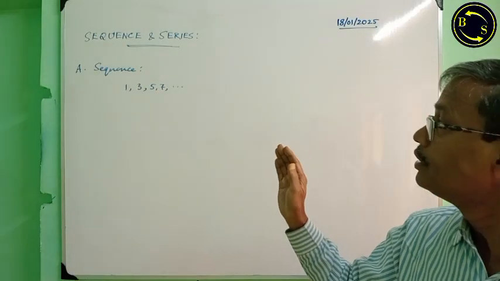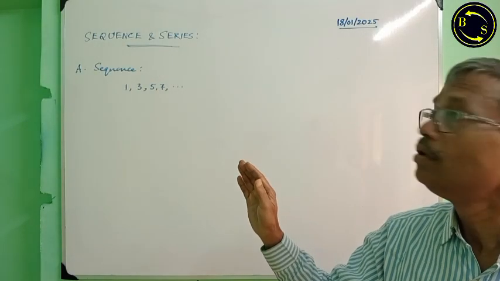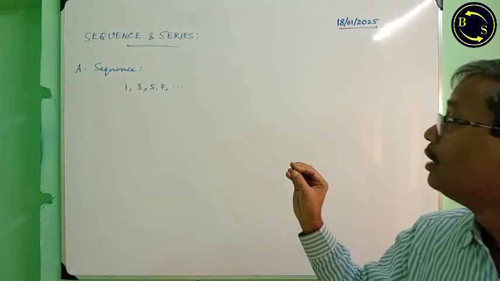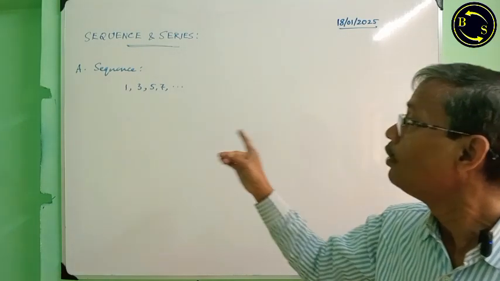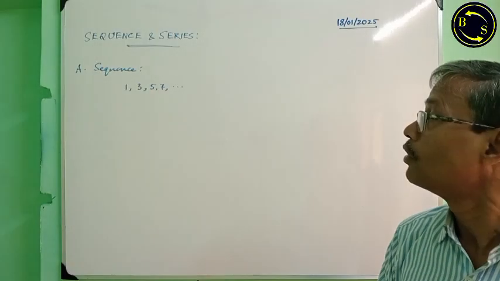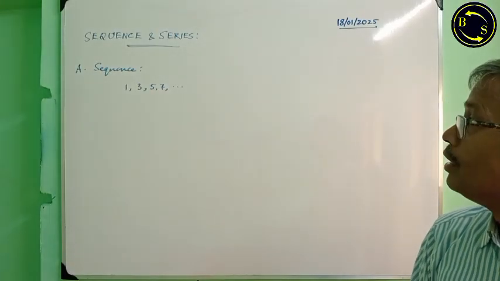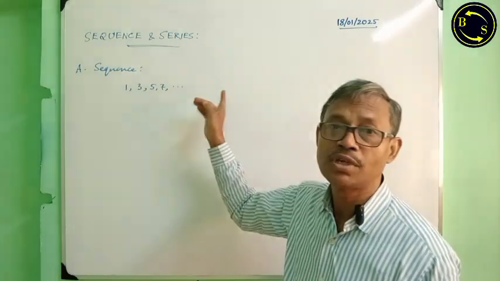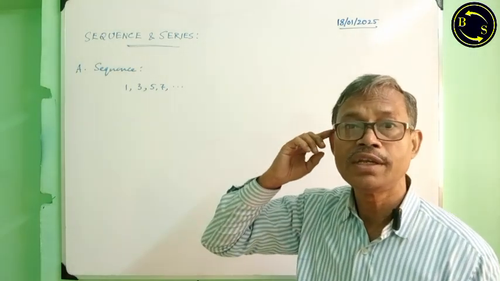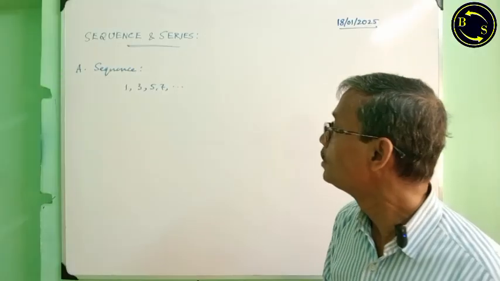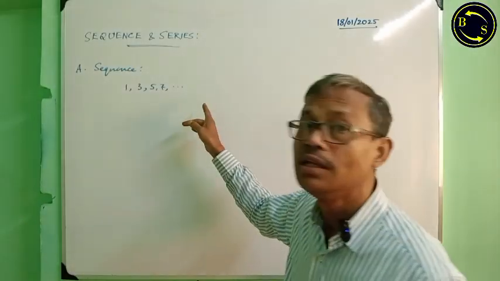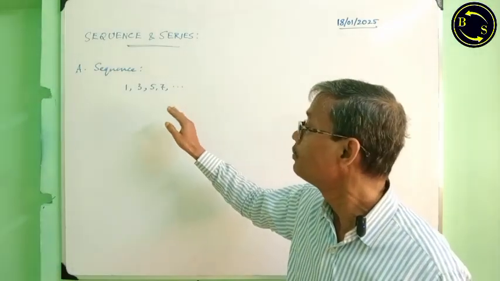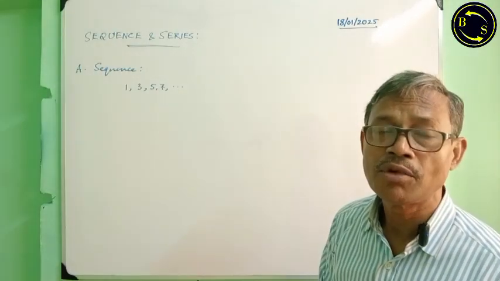Thus we find a pattern, a rule of the terms. Then we call these numbers a sequence. Now, a sequence may have a finite number of terms or an infinite number of terms. In this case, since dot dot dot are used, it has an infinite number of terms.